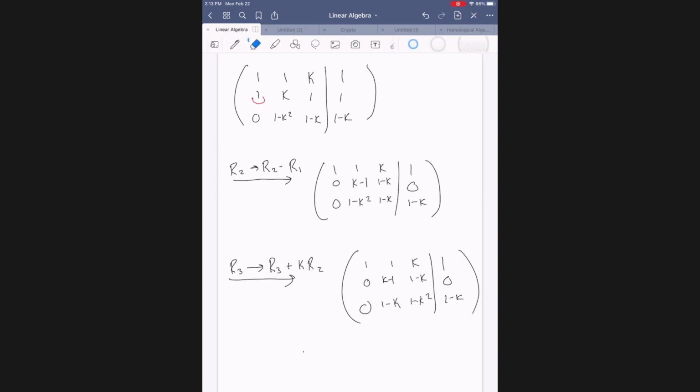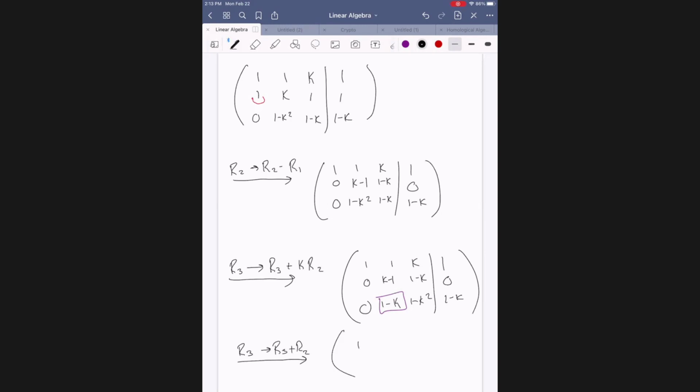All right, so now do you know what to do to get rid of that 1 minus k? That's there. This one right here. I can just add it again. I can just do row 3 plus row 2, and then I'll get rid of it. So do row 3 and then row 3 plus row 2 now.